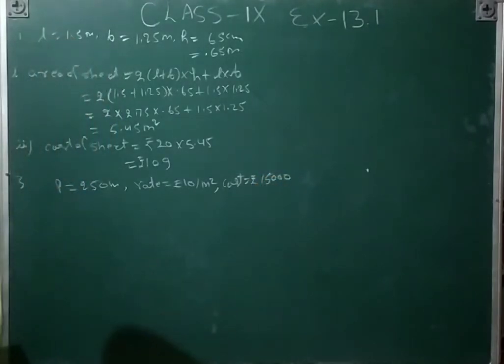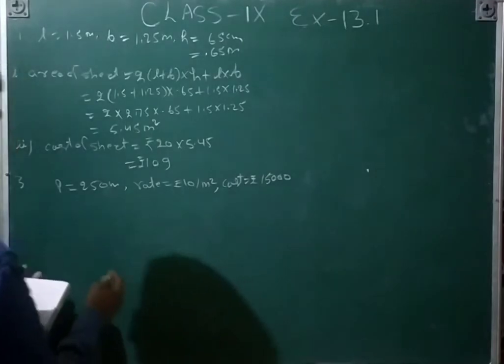So we need to find the height of the hall. Hall means lateral surface area, the area of four walls.